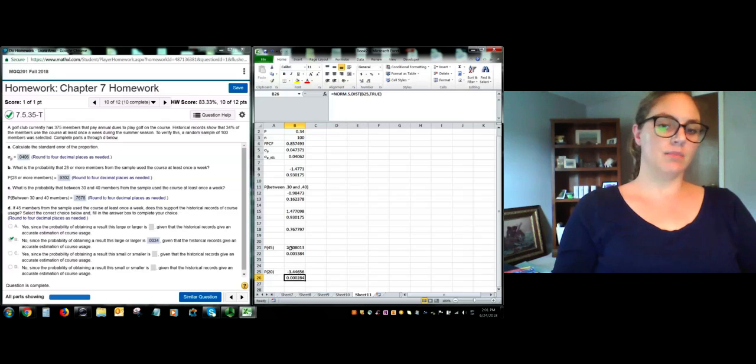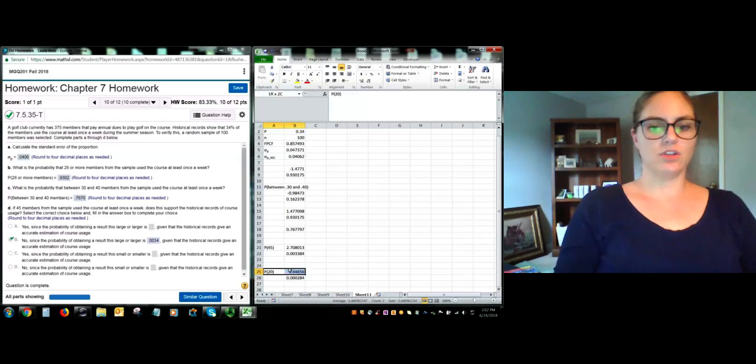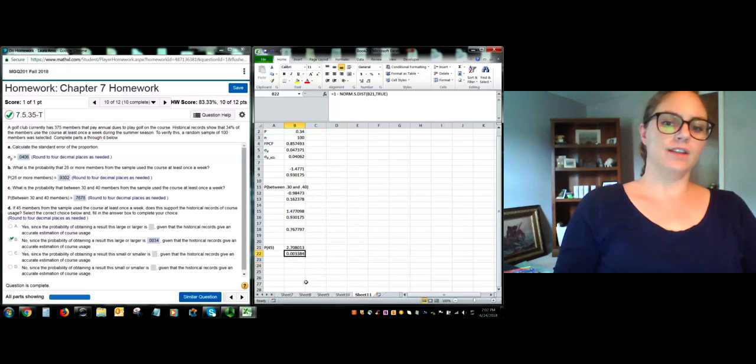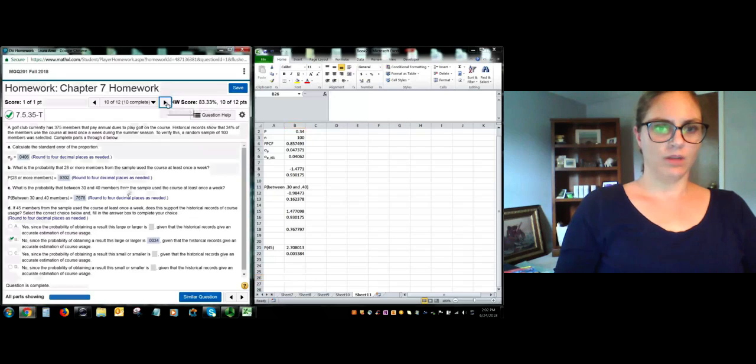Here, because it's a positive z, you're saying no, the probability of attaining a result larger than this is 0.0034. I just wanted to show you how the interpretation would look. And again, we're looking for whether this probability is less than 0.05. And it definitely is.